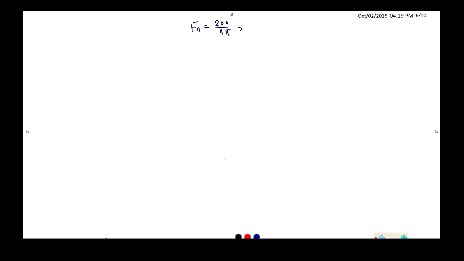So using this value of fn, now we will determine the En. So En will be given by 200 upon n pi into 1 upon sine hyperbolic of n pi.